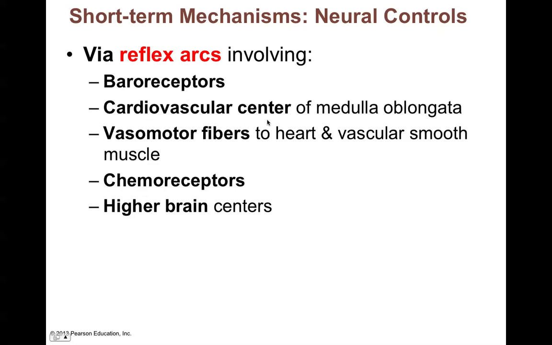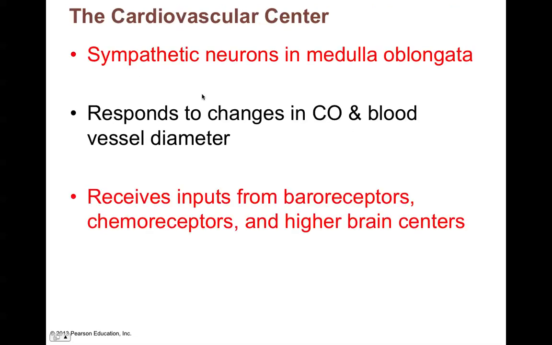The Cardiovascular Center is located in the medulla oblongata of the brain. Vasomotor fibers synapse with the heart and vascular smooth muscle. Chemoreceptors in the blood, and also higher brain centers, can influence this. The Cardiovascular Center is actually sympathetic neurons in the medulla oblongata. It will respond to changes in cardiac output and blood vessel diameter.